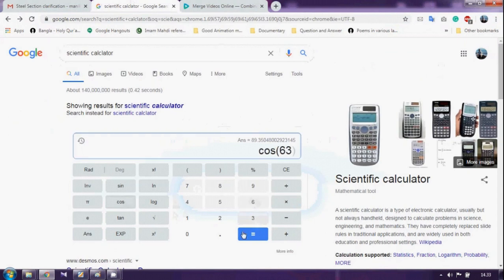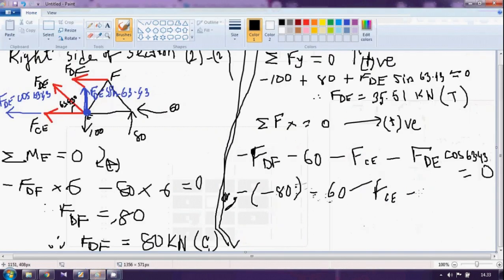Cos 63.43 into 35.51, 29.34. So minus 29.34 equal to 0.